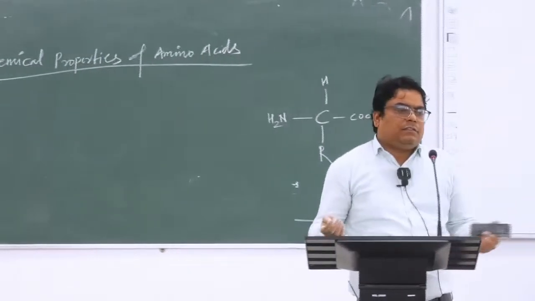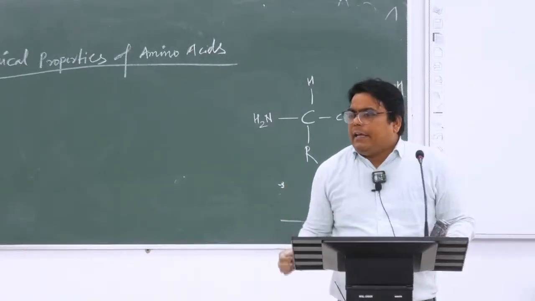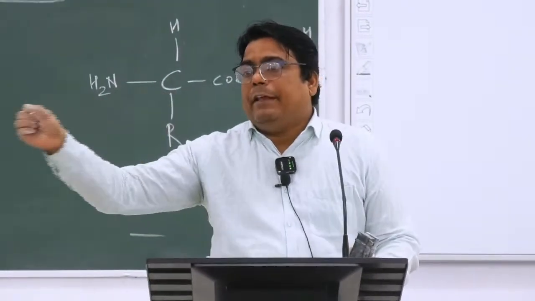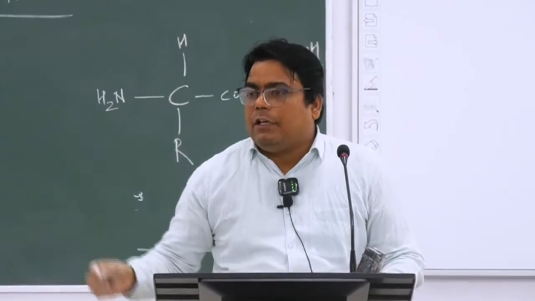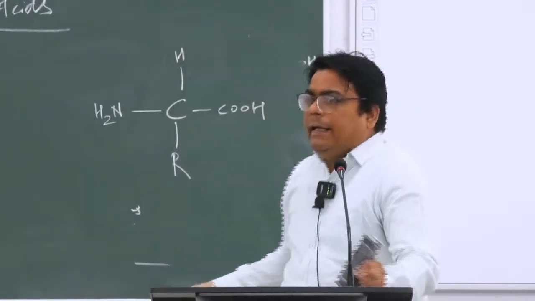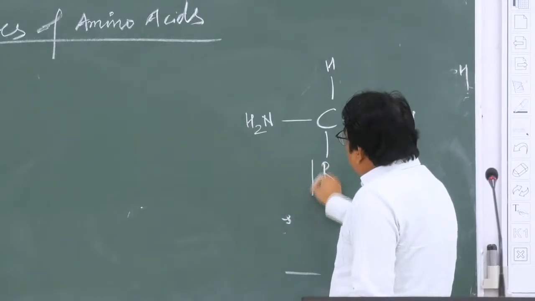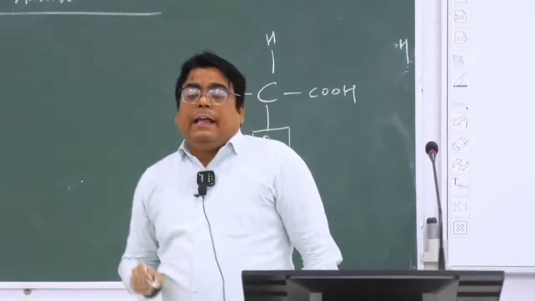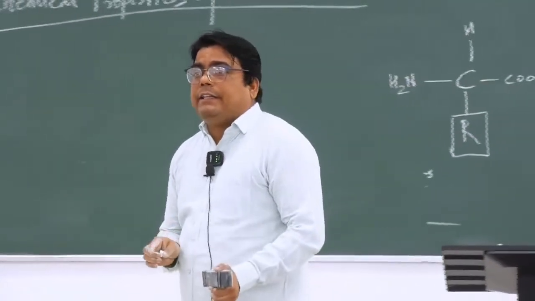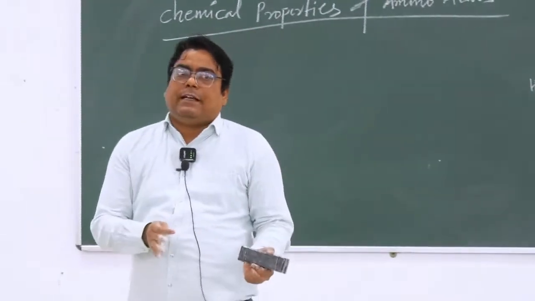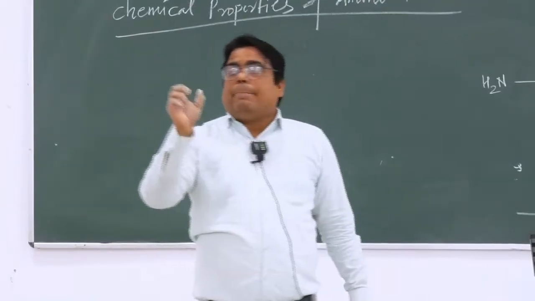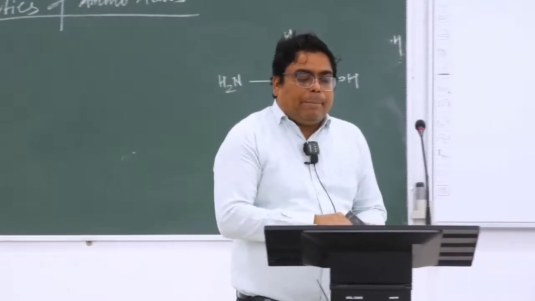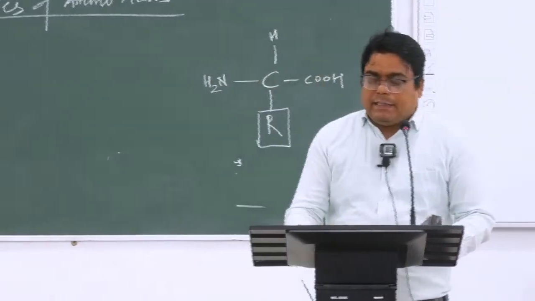They are reactions. Simply, they are reactions. So reactions depend on what? Reactions due to the amine group, reactions due to the carboxylic group, and reactions due to their special functional group. The R group is present. That means if the R groups are different, it is acidic or basic. If a ring is present, we identify the protein by a particular chemical reaction.